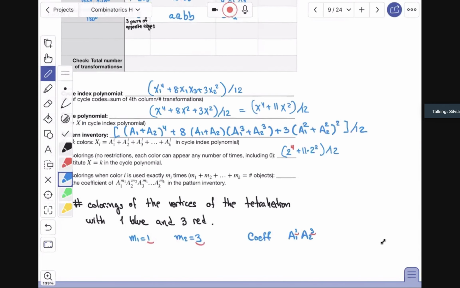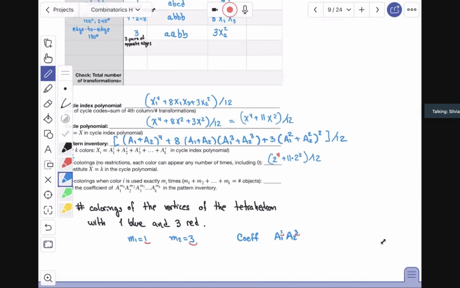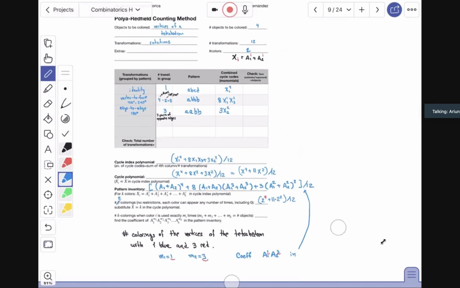So I'm looking for the coefficient of that in the pattern inventory. Worst case scenario, expand that and find the coefficient of A1 times A2 cubed. Okay, questions?